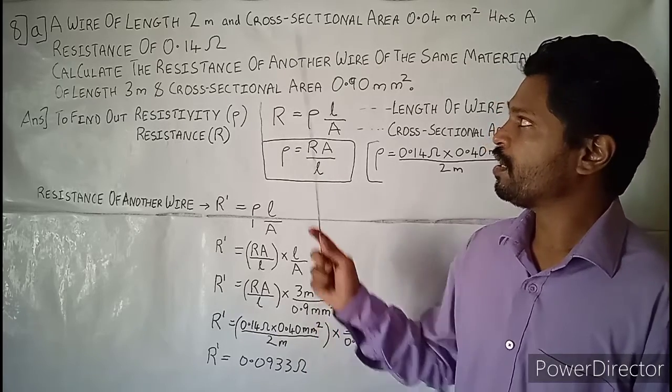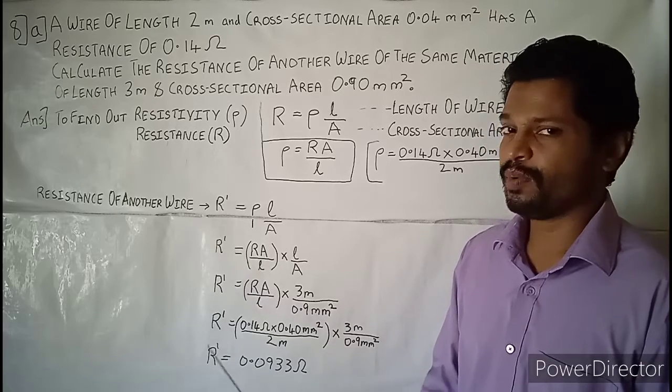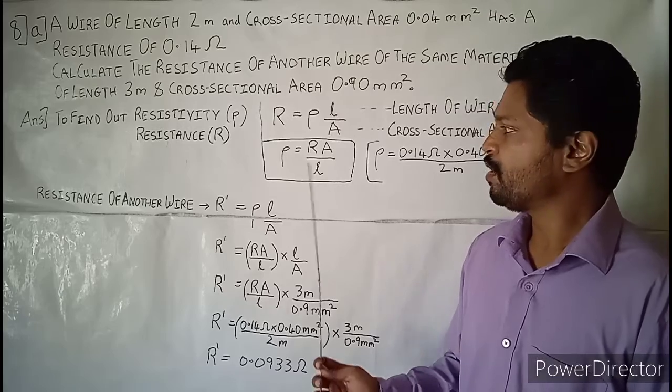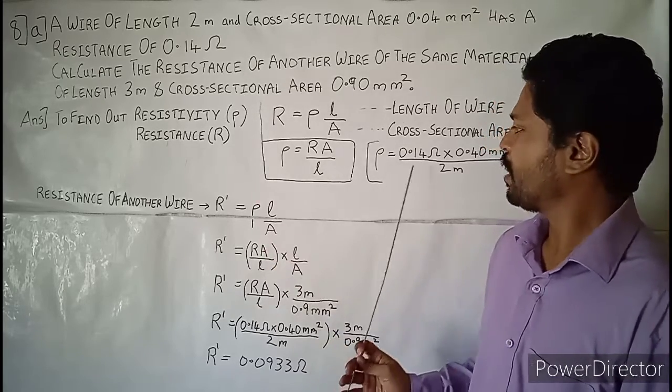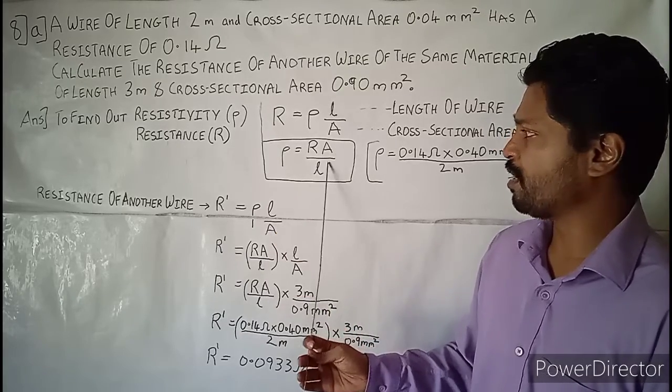Okay, so we will be solving later on. You can do one thing. If you want, you can substitute all the things which are given, like the length 2 meter is already given; you can substitute over here in the formula.